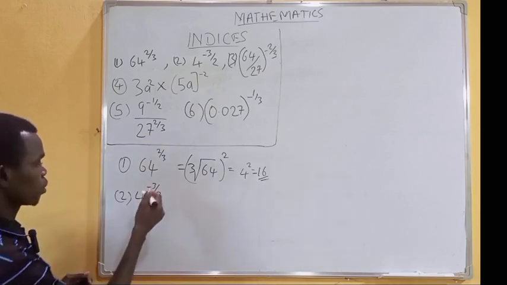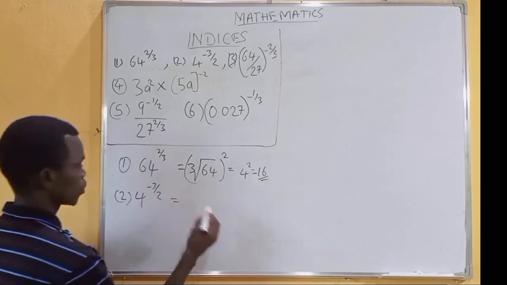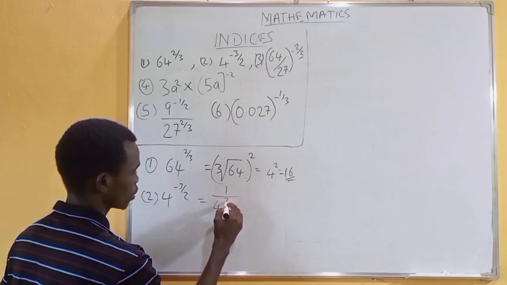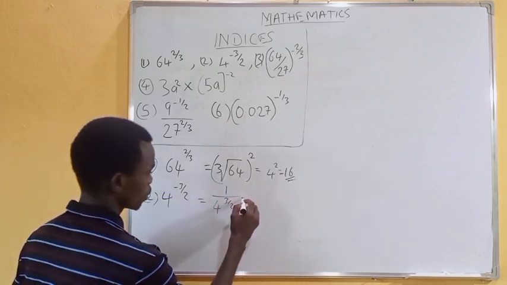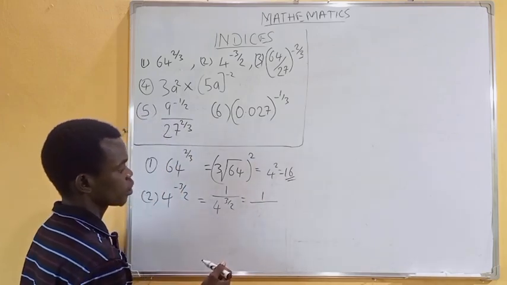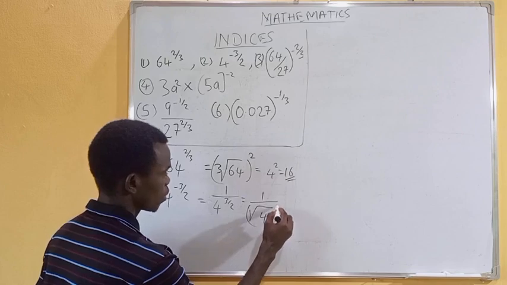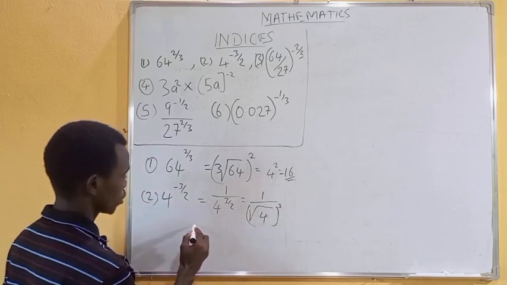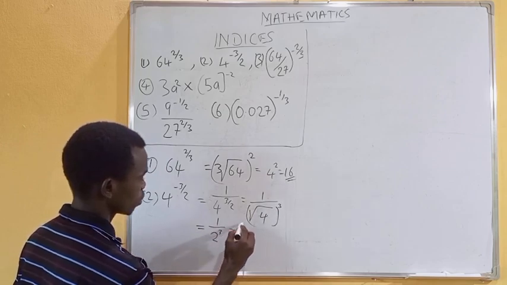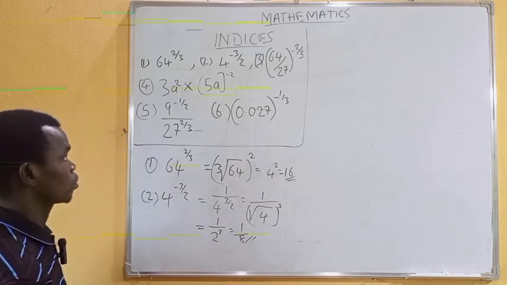Firstly, we remove the negative, which will now be equal to 1 divided by 4 raised to the power 3 over 2, which is equal to 1 all over, since the denominator is 2, the square root of 4 all raised to the power 3, which equals 1 all over 2 raised to the power 3, which is 1 all over 8. This is our answer for question 2.